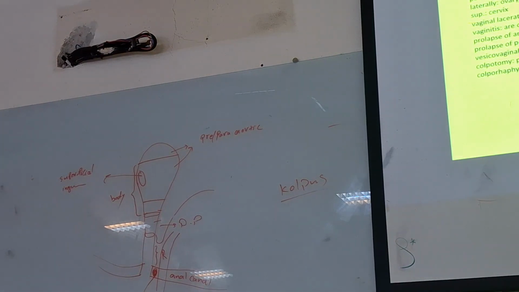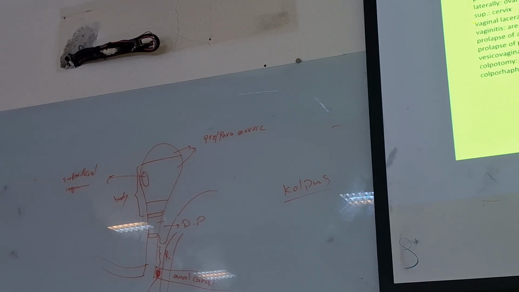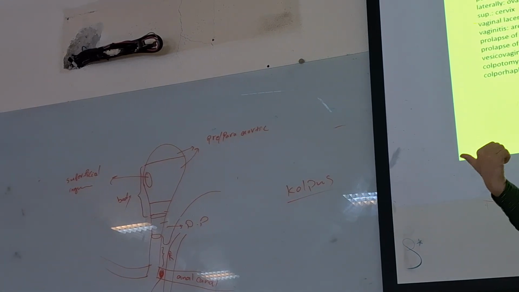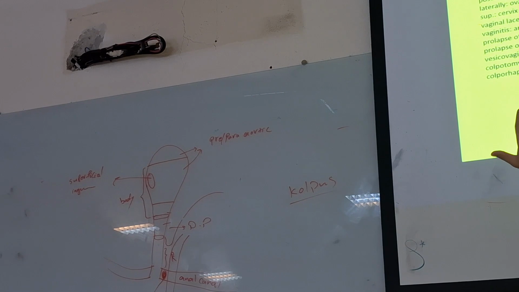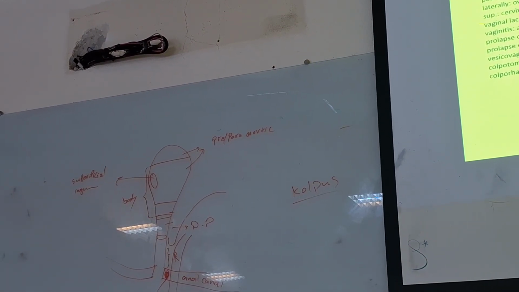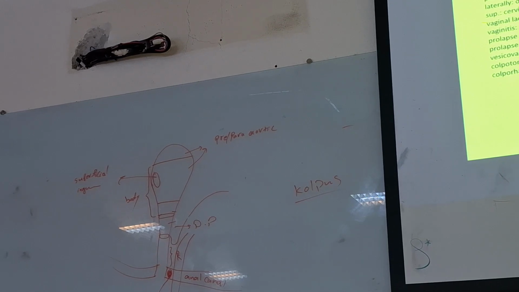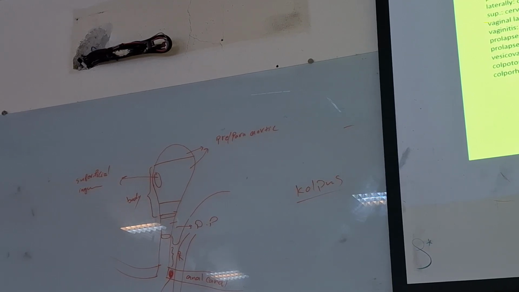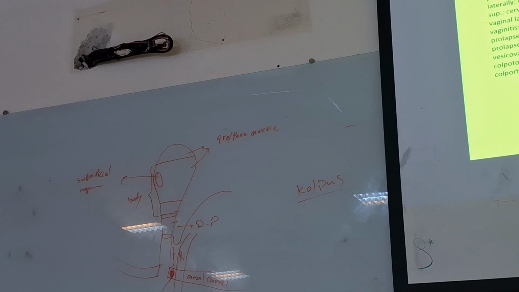Okay? Another structure, we can touch the rectum through pervaginal examination. Anteriorly, you can touch the bladder and urethra. Laterally, you can also touch the inferior pole of the ovaries. Okay?